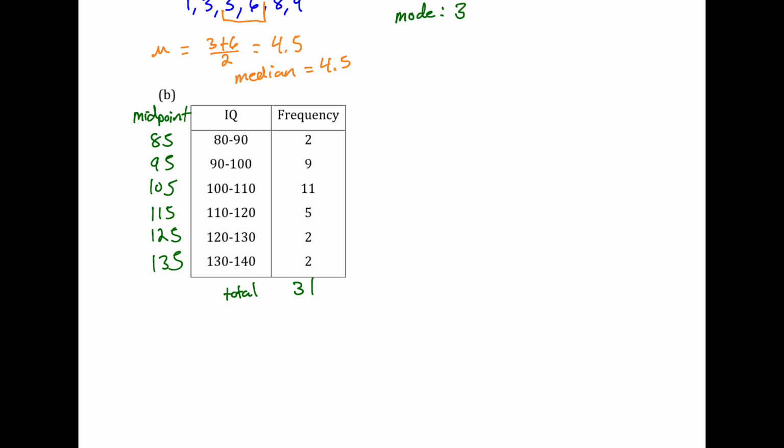And so the way it counts is I have two 85s, I have nine 95s, I have eleven 105s, and so on. So when I'm doing my mean, I can just multiply by the frequency to get our mean.